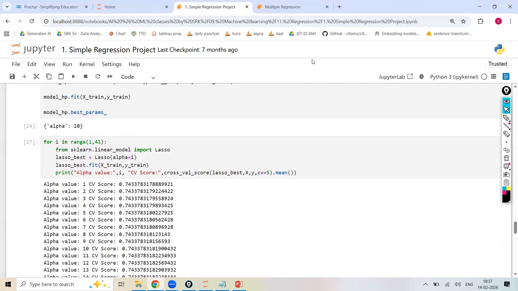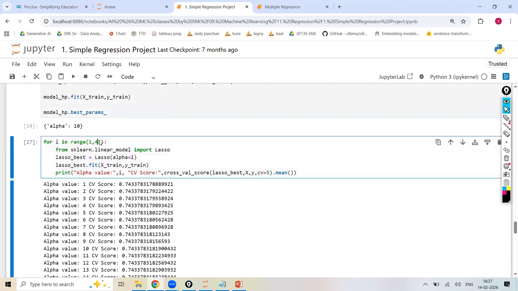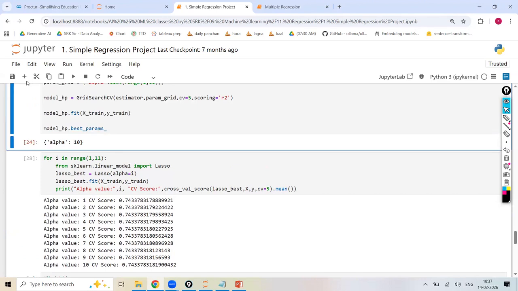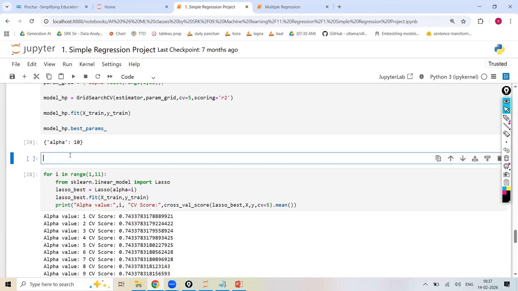In every project, lasso will not work. So here you are going to observe first. How do you observe? I'm writing the note here. The note is: check whether lasso works or not for the given data set.